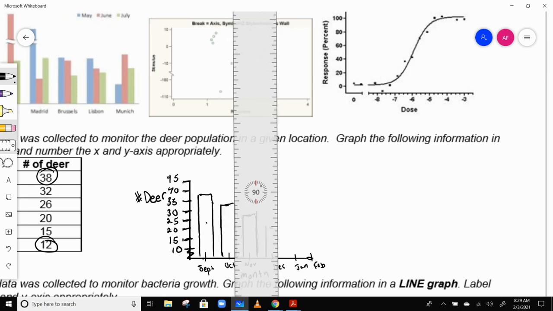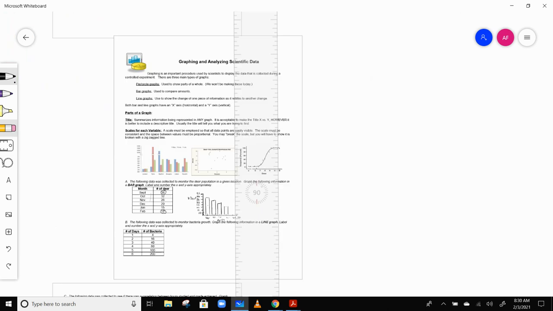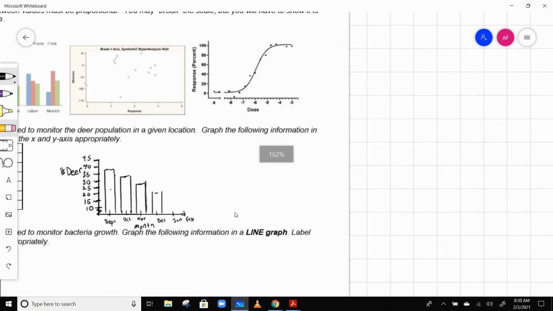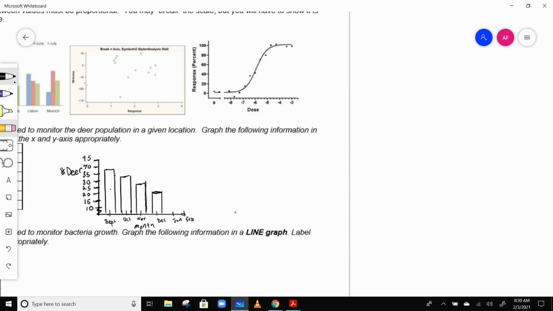And then right there, making a line here. And there you go. I'm not doing it on the top because I'm being lazy, but you should do it that way.